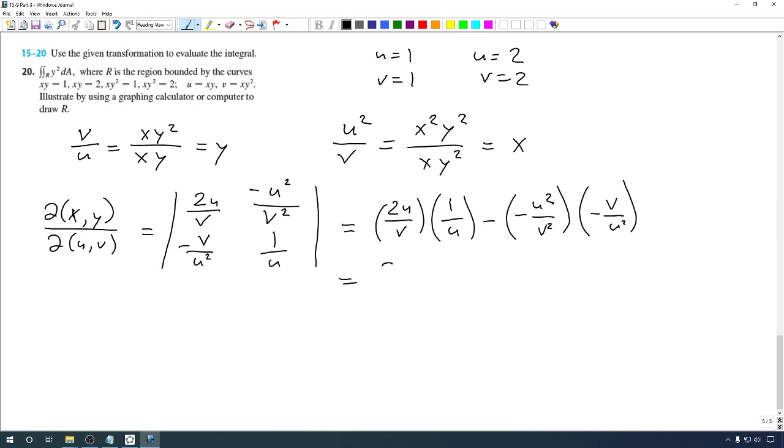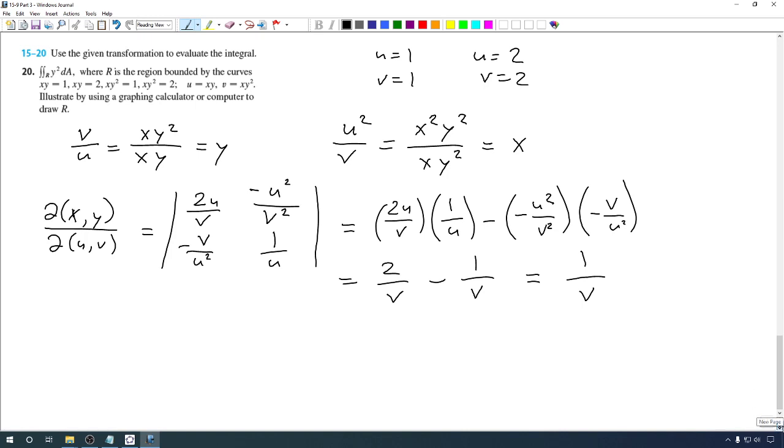We end up getting a 2 over v. This one, those two minus signs cancel out. We still have that 1 minus sign there. The u squareds cancel out, and we cancel out one of the v's. So we end up getting a 1 over v. 2 minus 1 gives us a 1 over v. So our Jacobian here is not a constant.